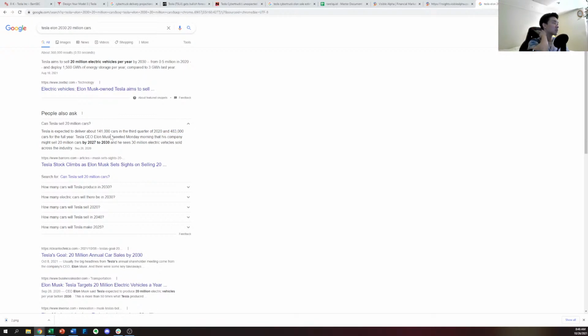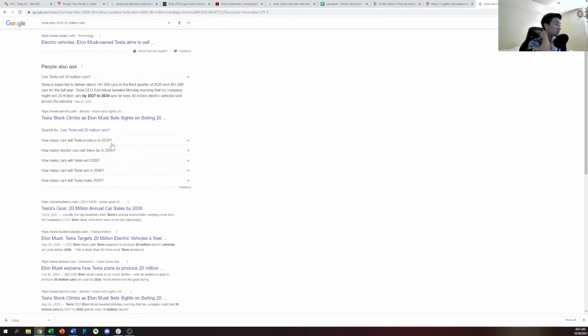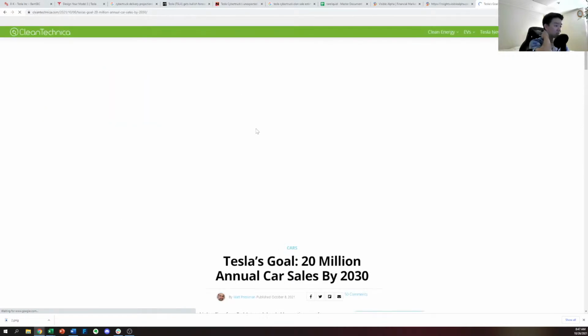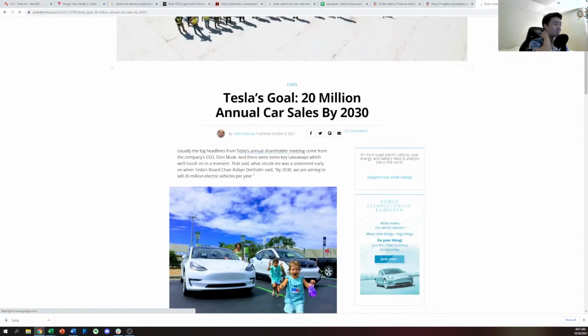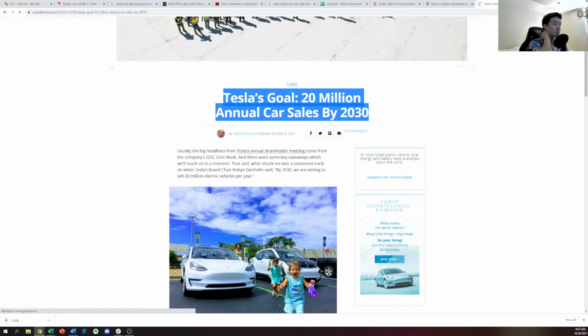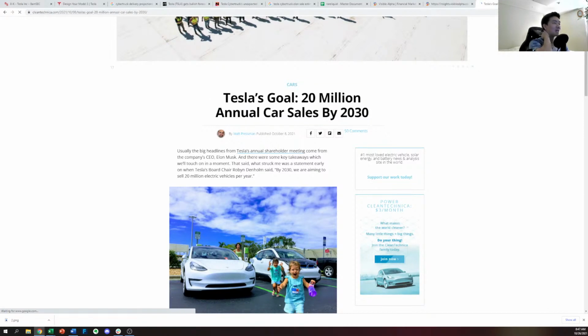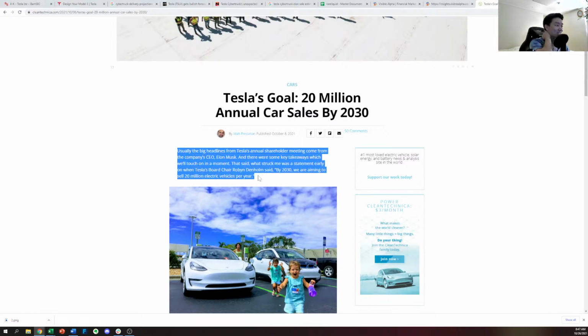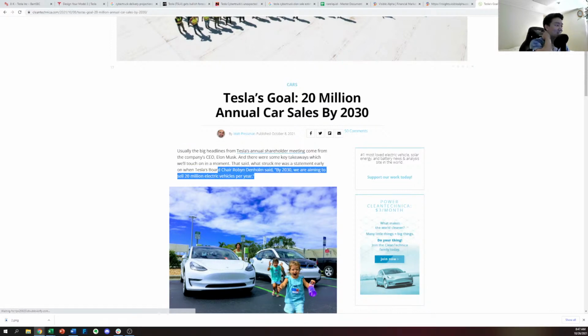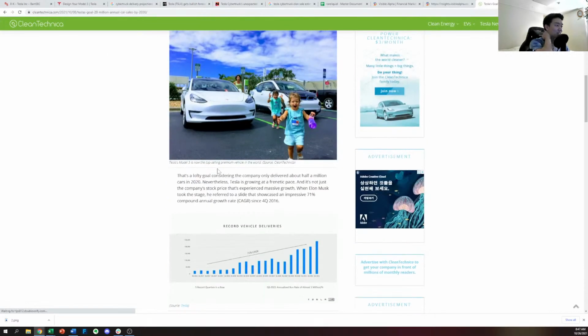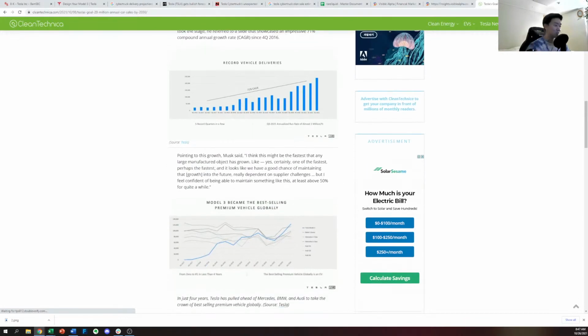Is it 20 million total by 2030? That would make so much more sense. I hope it's that, but honestly, I don't think it is. Tesla's goal, 20 million annual car sales by 2030. So he wants to sell 20 million cars per year. Yeah. Unfortunately, that's their goal. Okay.